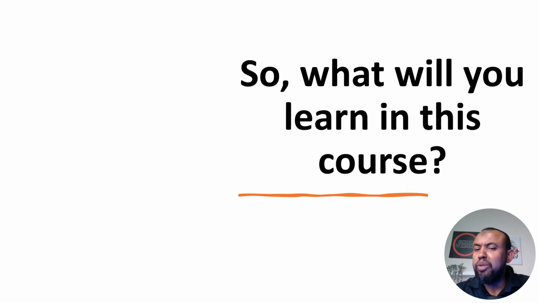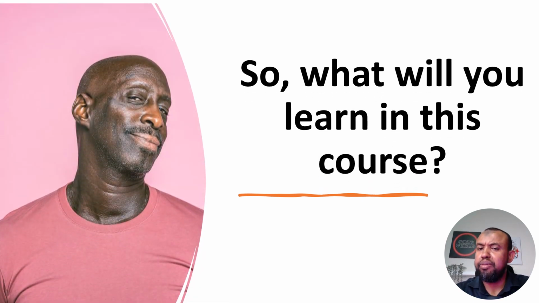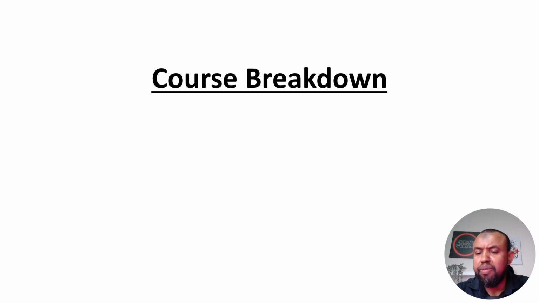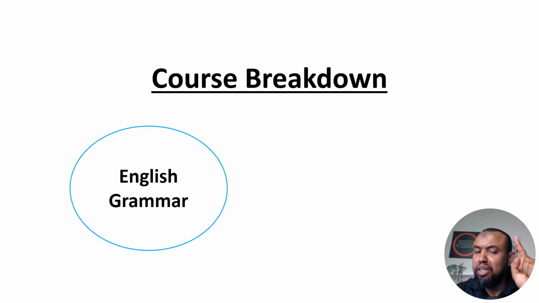So you might be wondering, what will you learn in this course? So let us break down the course. You see, in this course there are three parts to it. The first section that you will learn is, of course, the English grammar.